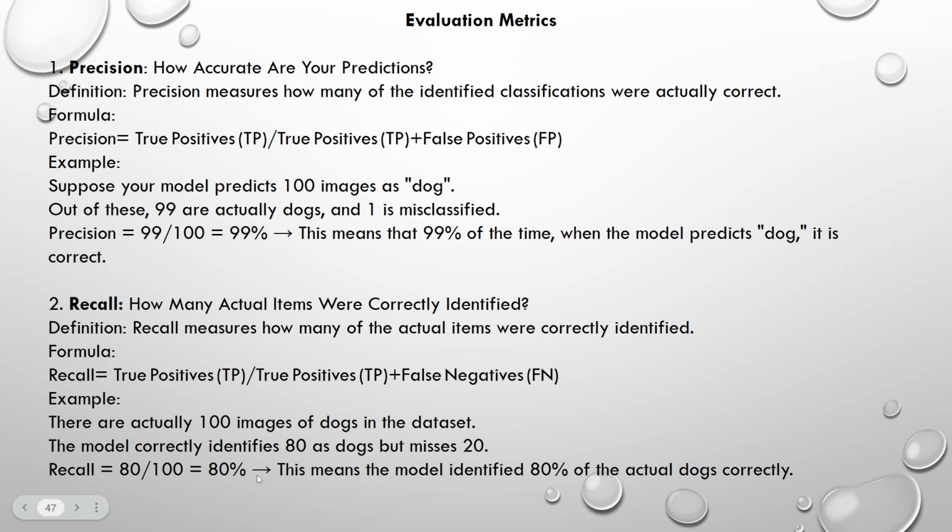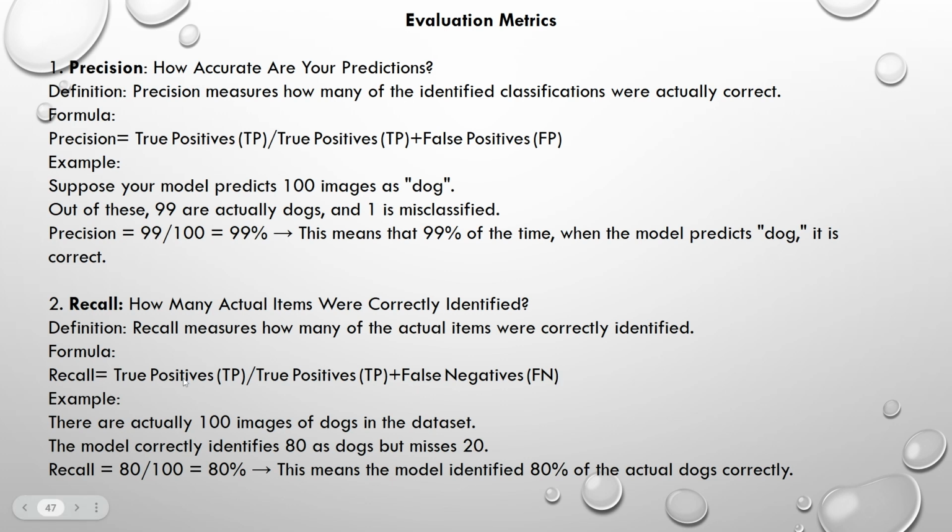Just true positive, here 80 was actually that of a dog, and true positive again 80 plus false negative. These 20, the model said those are negative for dogs, but actually those were indeed dogs. But the model gave it as negative. That negative was false. So these 20 are false negatives.